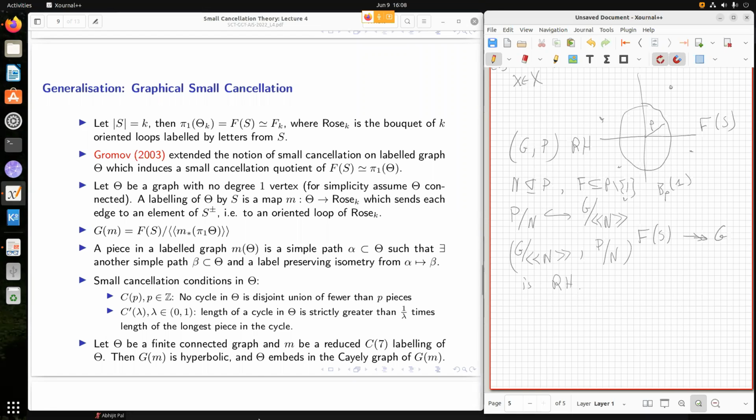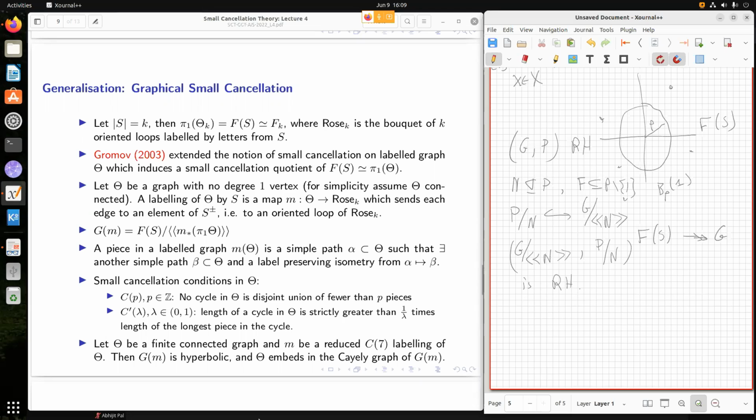So a labeling of that graph theta by that set S is just a map M from theta to the rose on k petals, which sends each edge in this graph to an element of S plus-minus, the symmetrized S. So we have a graph theta, take each edge of the graph and map it to some element of S plus-minus.